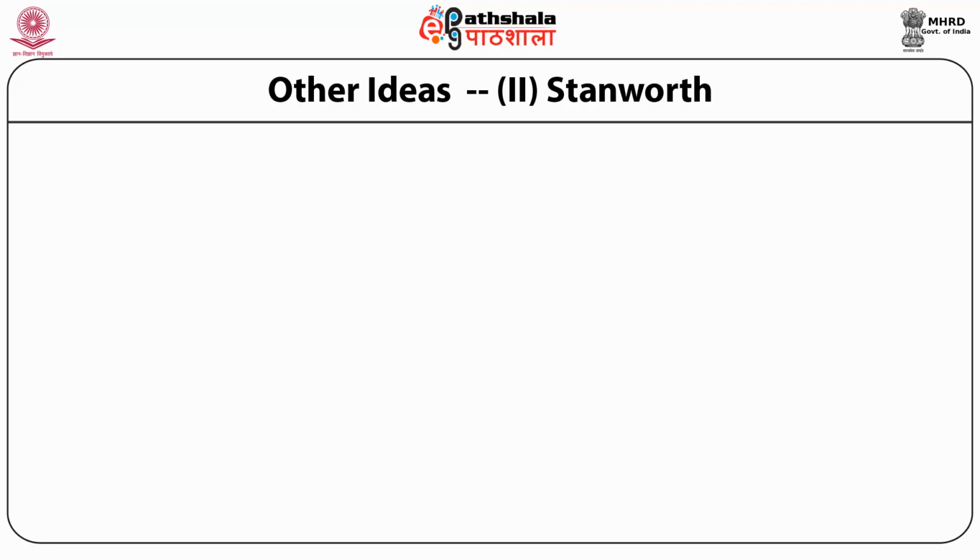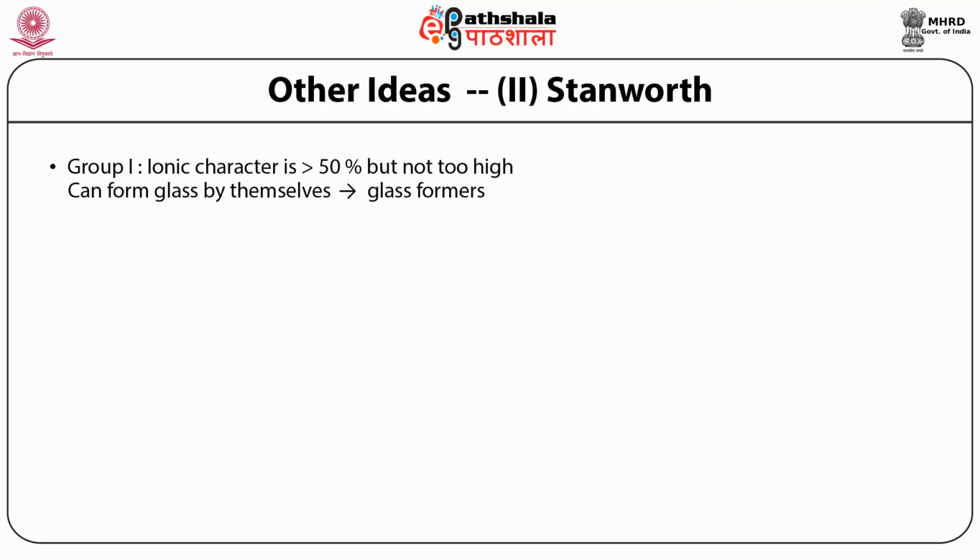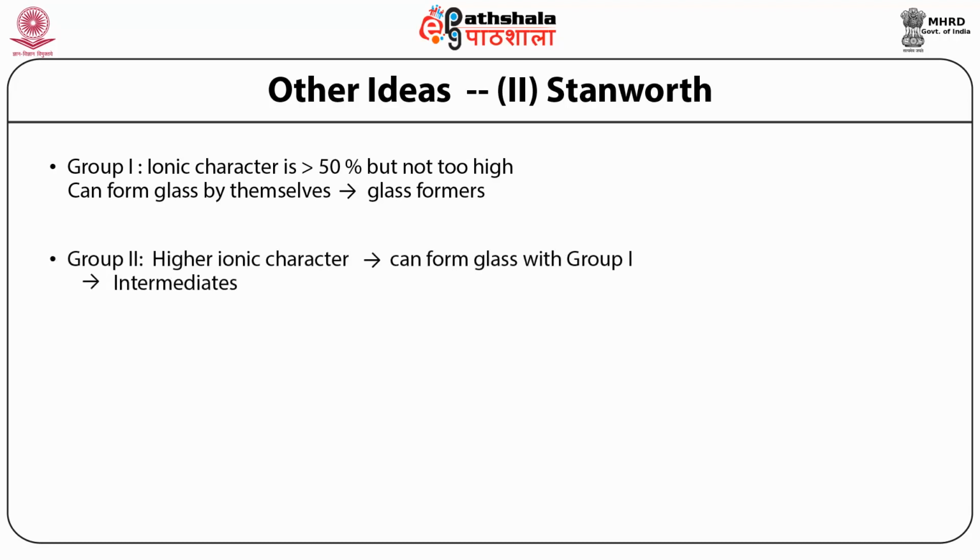So we have seen that there are 3 groups. The cations in group 1 form bonds with oxygen with ionic character less than 50%. They should be network formers and should form glass by themselves, so they are known as network formers. The cations in group 2 have a slightly higher ionic character.